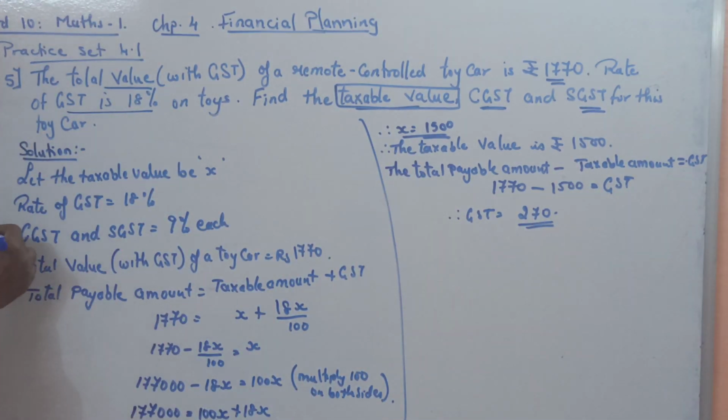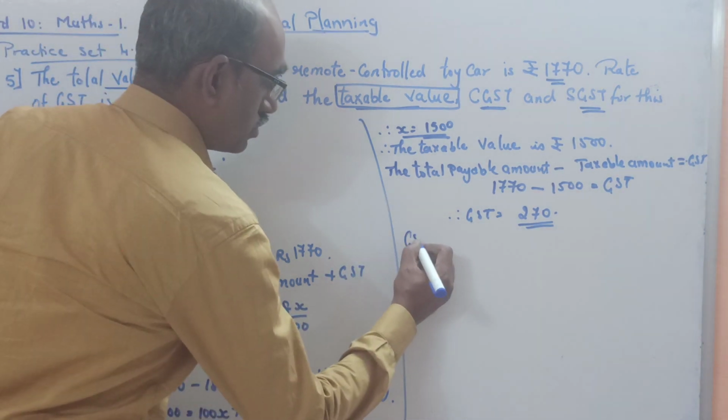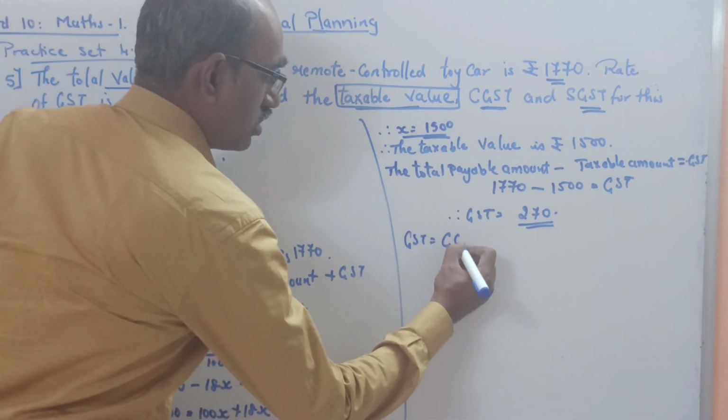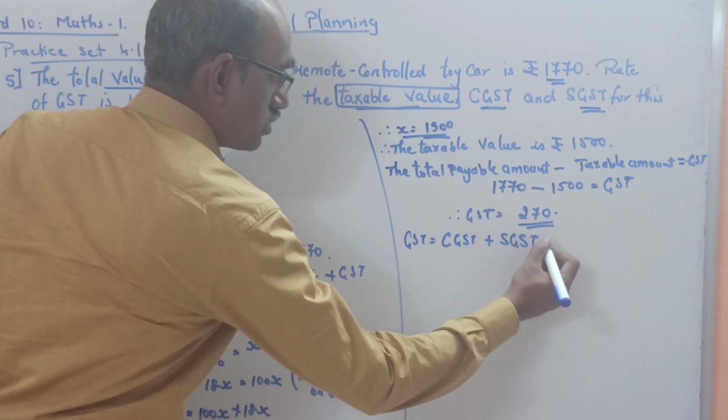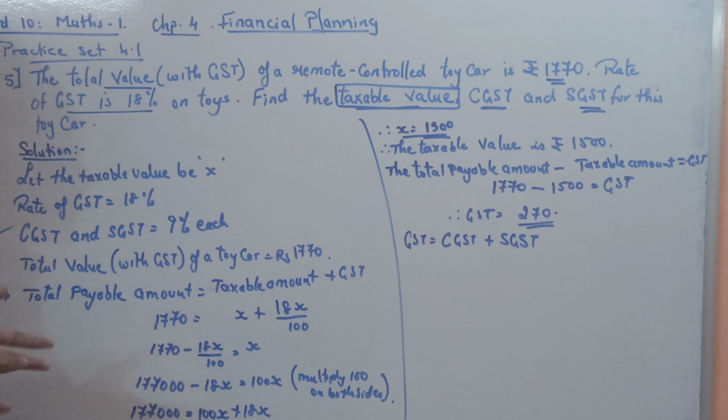We have already written that CGST and SGST are 9% each and GST is 18%, so no need to repeat again. If you repeat also, no problem. So we can write the rate of CGST and SGST is 9% each. We can directly find GST is equal to central GST plus state GST. 9 plus 9 is 18.